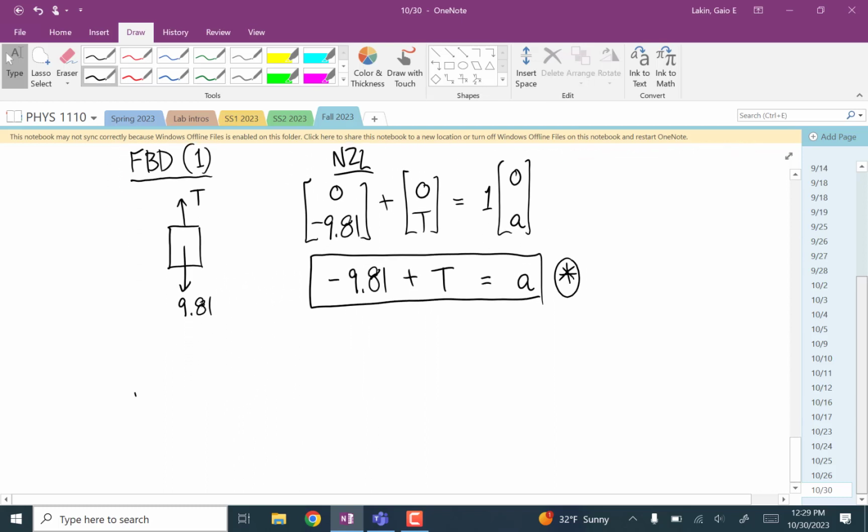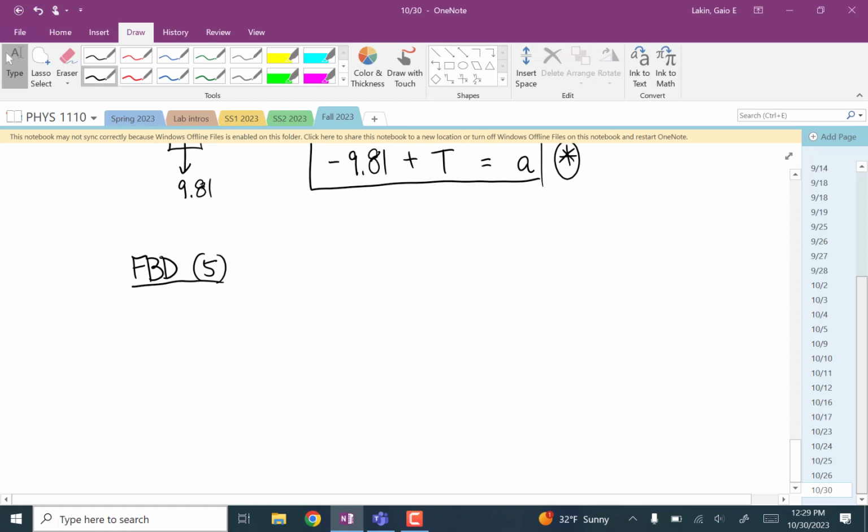And now I'll go to the free body diagram of the rolling cart. There's a weight force down of 5 times 9.81. There's a pushing force that's perpendicular to the surface.